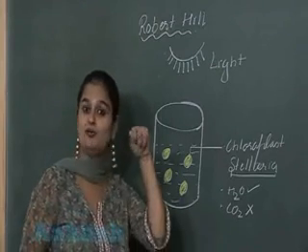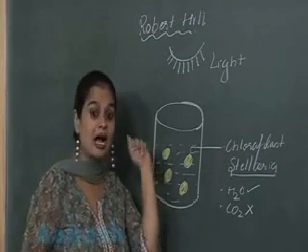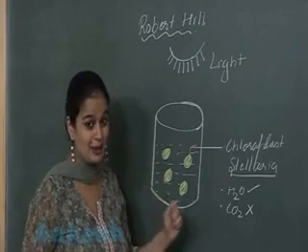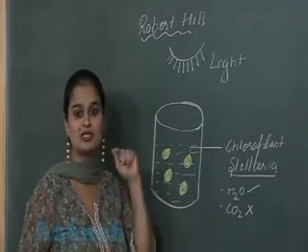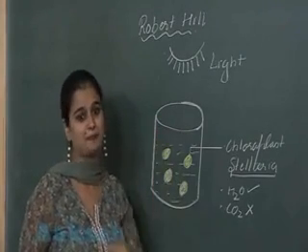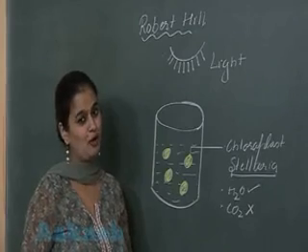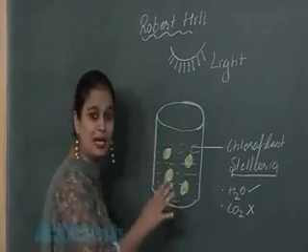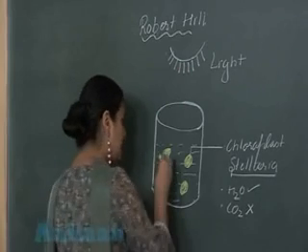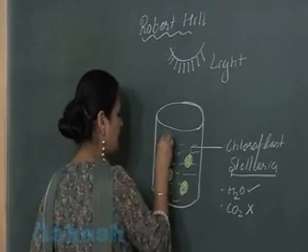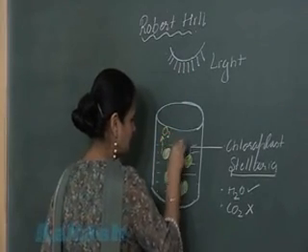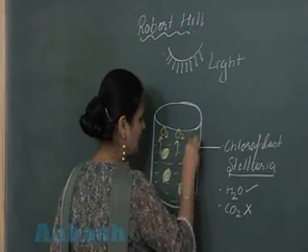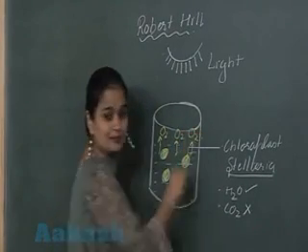And if the old view is correct, the carbon dioxide is absent, it means the oxygen release should also be absent. But what Robert Hill observed, जैसे इस setup को light provide करी, that in spite of the absence of the carbon dioxide, the oxygen was released by the chloroplast.